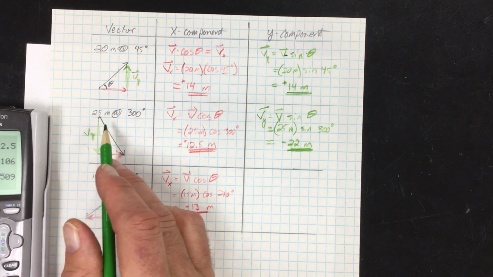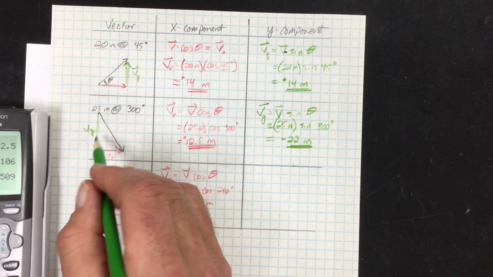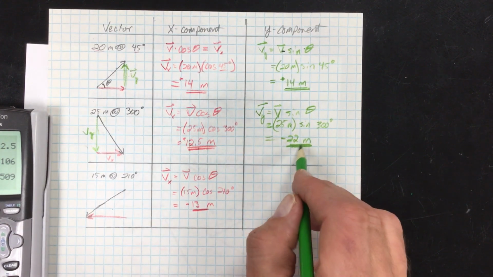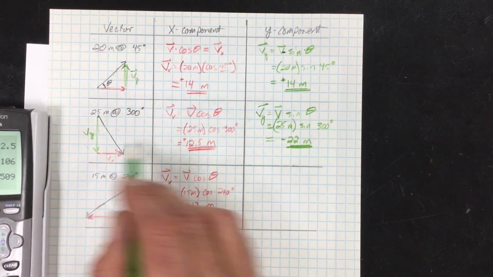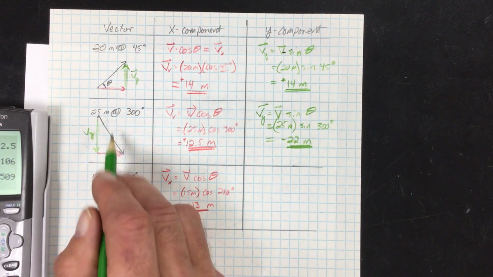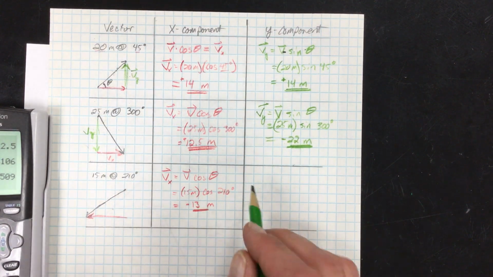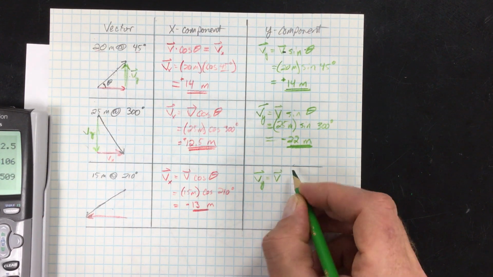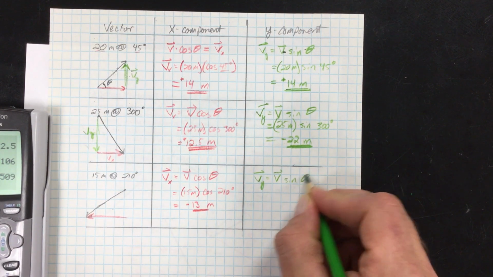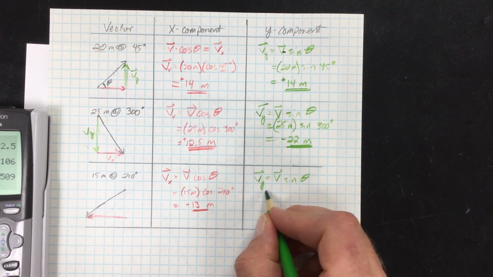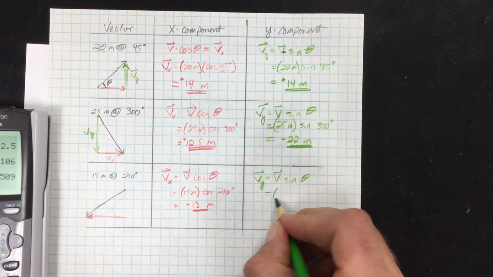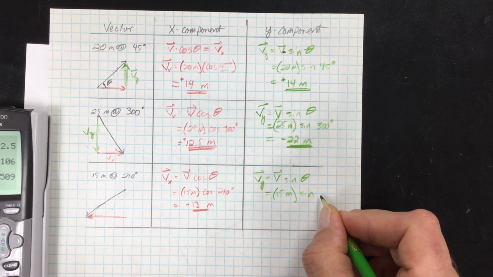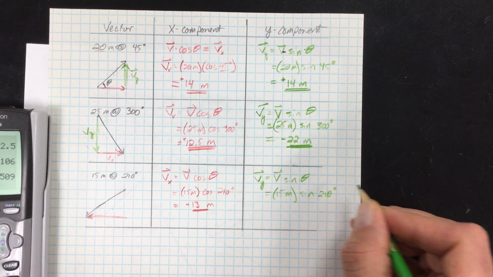And because of that angle, it makes total sense that this side would be longer than this side. So that's my way of kind of double checking my work. I would expect with an angle like this that the y component is going to be longer than the x component. One more to go. Again, the y component is equal to the original vector times the sine of the angle. And this time we've got 15 meters times the sine of 210 degrees.